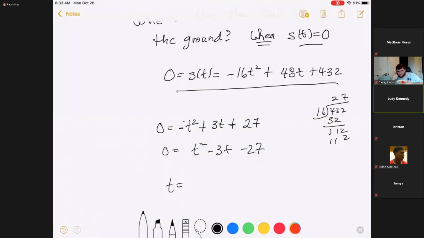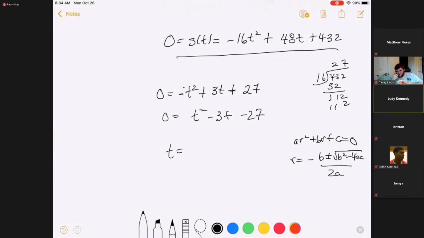T would be minus b, okay, that over there to the side. T would be minus b, which would be plus 3, plus or minus the square root of b squared, which would be 9, minus 4 times a, which is 1, times c, which is minus 27.